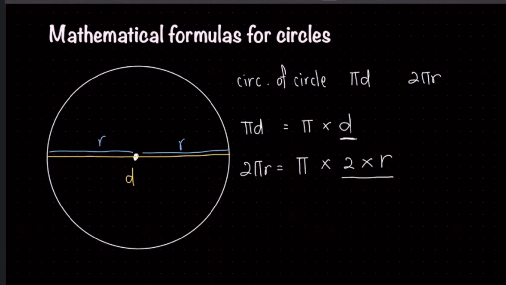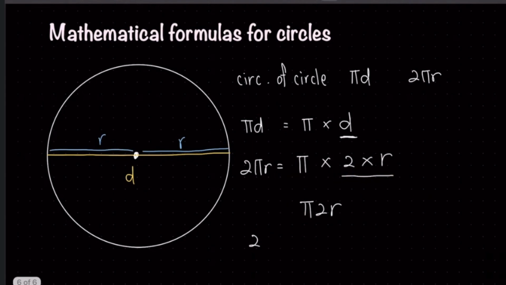So 2 of this is the same as 1 diameter. That we have it here. But we are going to arrange it nicely. If not, it will look like pi 2r. That's a little messy. So we put the numbers in front. And pi is a number. And letters at the back. R. So there we have it.